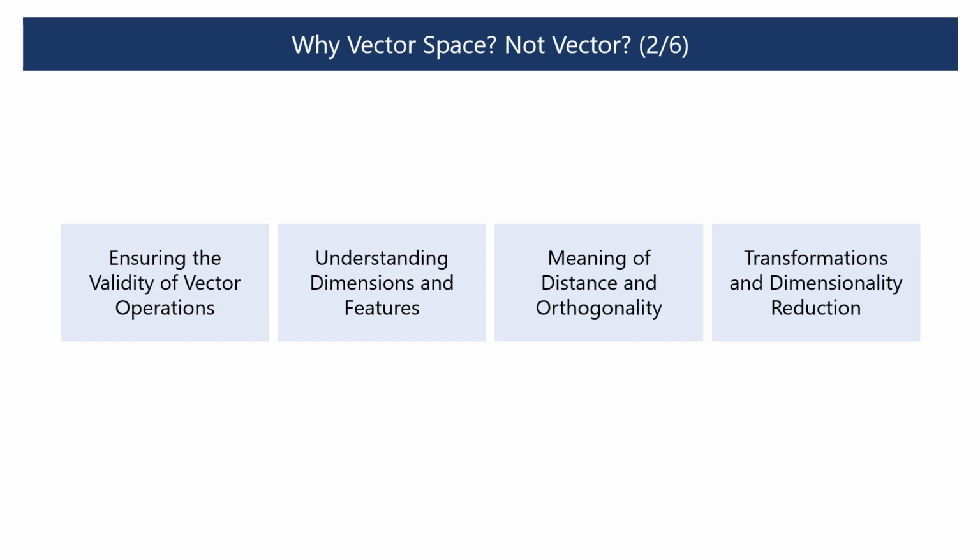There are several reasons. First, ensuring the validity of vector operations. Second, understanding dimensions and features. Third, meaning of distance and orthogonality. Fourth, transformations and dimensionality reduction. Let's explore these reasons one by one.